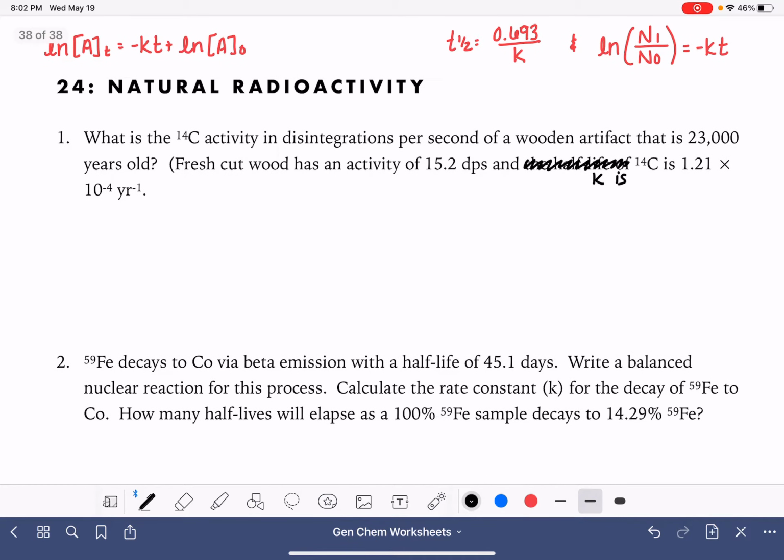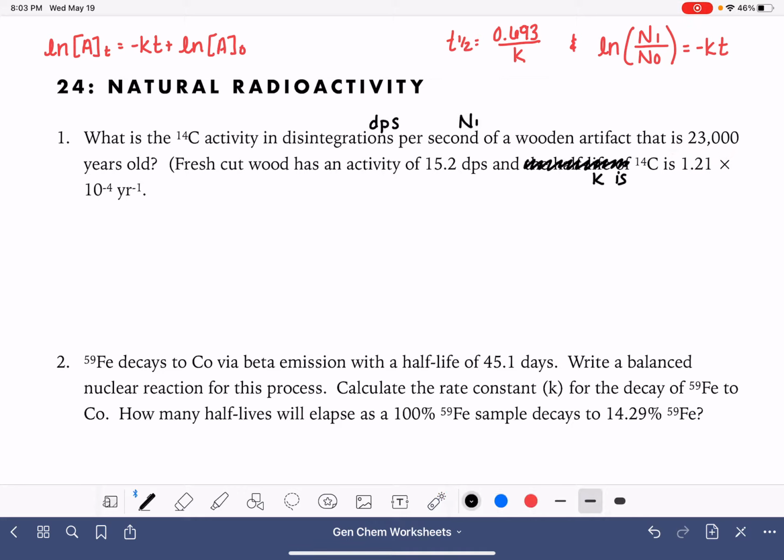The first problem is asking us, what is the carbon-14 activity in disintegrations per second, often abbreviated DPS, for a piece of wood that is 23,000 years old? Disintegrations per second is one of the things that can be plugged into this equation in place of n sub 1 or n sub 0. So this problem is asking us to calculate the disintegrations per second for something that is 23,000 years old.